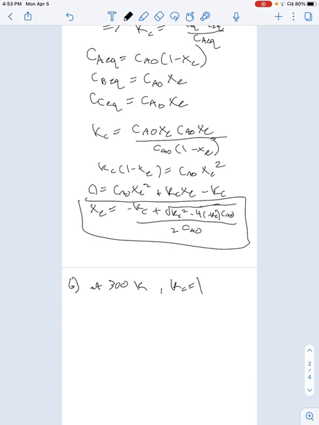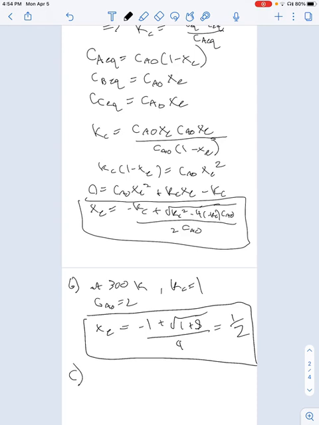So just plugging in Kc equals 1 and Ca0 is 2, we plug that into this equation and we get Xe equals negative 1 plus the square root of 1 plus 8, divided by 4. So this will equal 1/2.